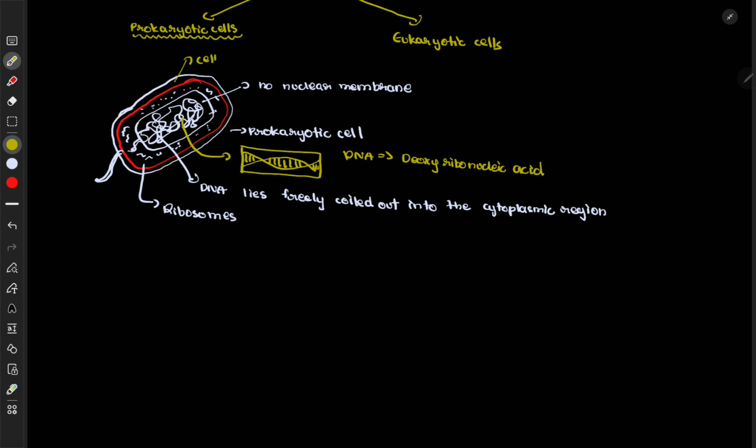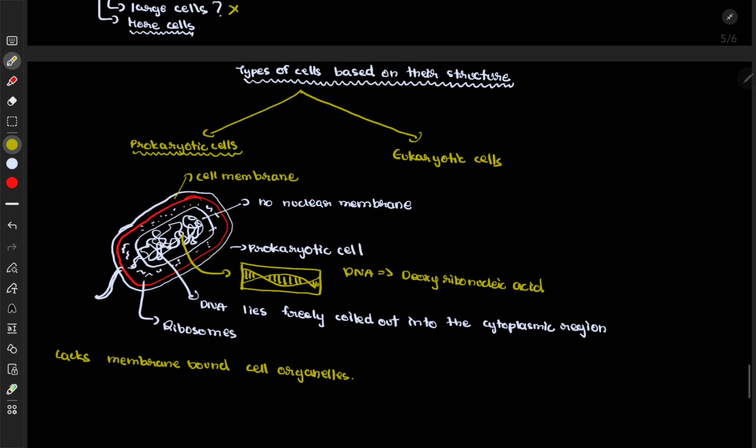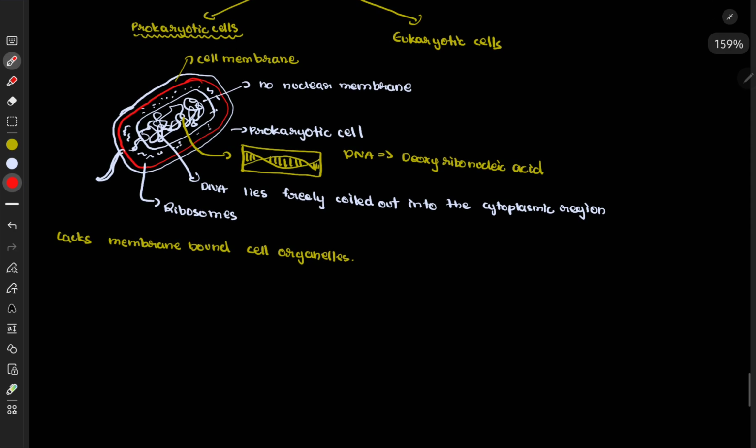And this is the cell membrane that we have. And that's all. It's completely basic. It lacks all the membrane-bound cell organelles that are present inside it. Okay, so this is our prokaryotic cell.